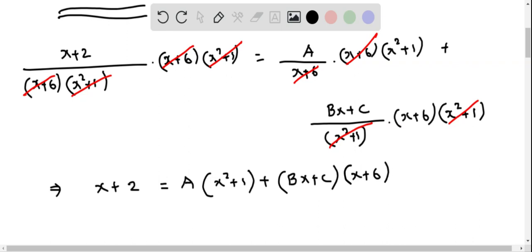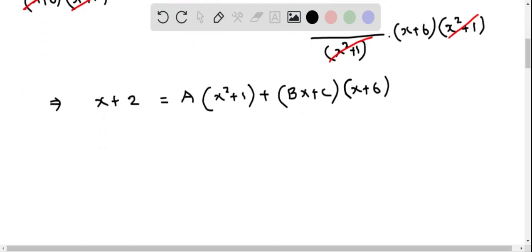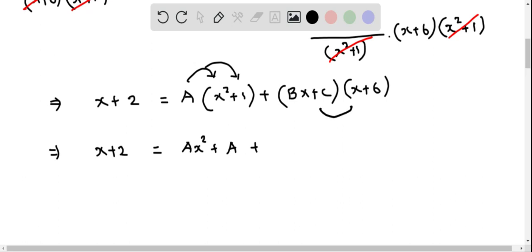Now we have to simplify the right side expression and equate the coefficients to determine the values of A, B, and C. So we will have x plus 2 on the left side. I'm going to distribute this A into the two terms inside the brackets, so I will have Ax squared plus A, and let me FOIL this out.